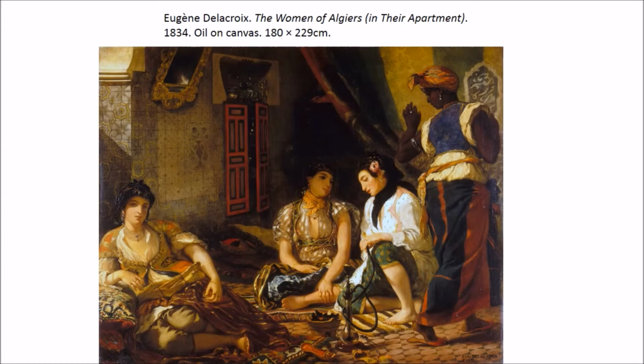This is Eugene Delacroix, and this is really where this whole idea of Orientalism really begins. We can see this in the Women of Algiers in Their Apartment, this type of style of showing a foreign land to what would be Paris at the time, and the intrigue that would occur from this type of environment.